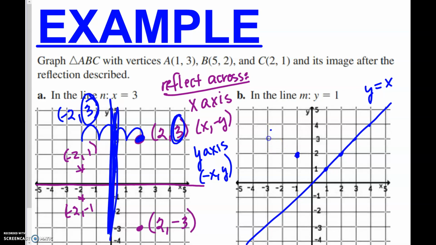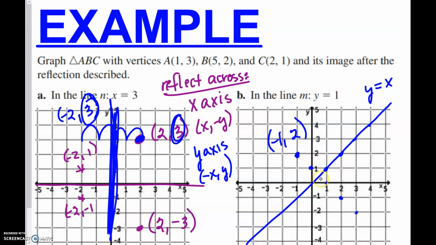So what is that point right there? It is -1, +2. So now when I go across this line, y equals x, what is that new point? Now remember, it needs to be perpendicular. So if this slope is 1, the other slope has to be a -1. Okay, so it has to be coming down perpendicular.